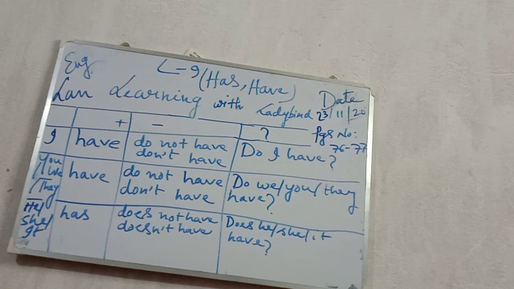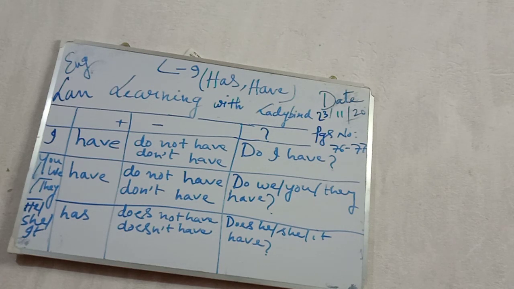Then come to the next, on the right side. Does Marco have a fish? How are we using have when we are making a question?